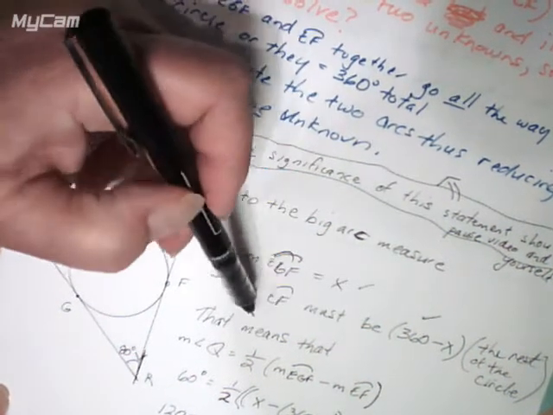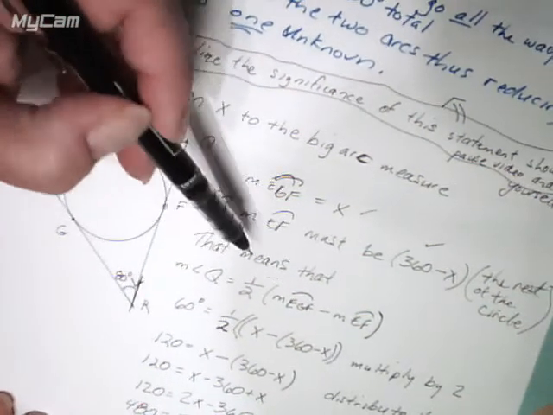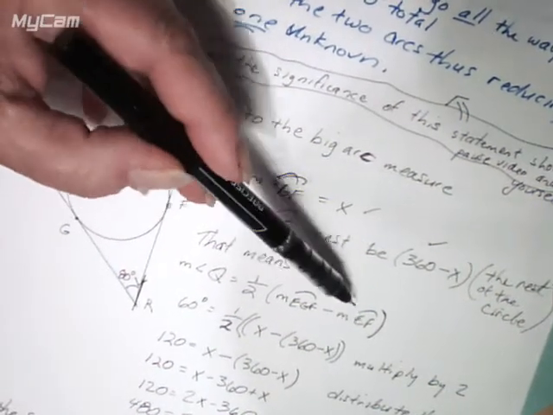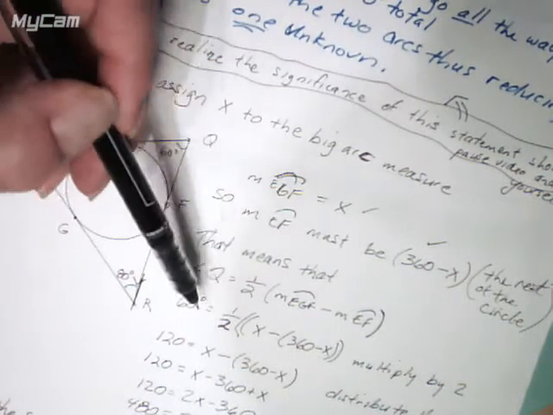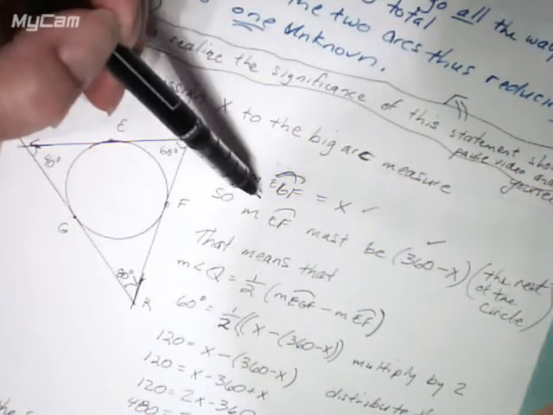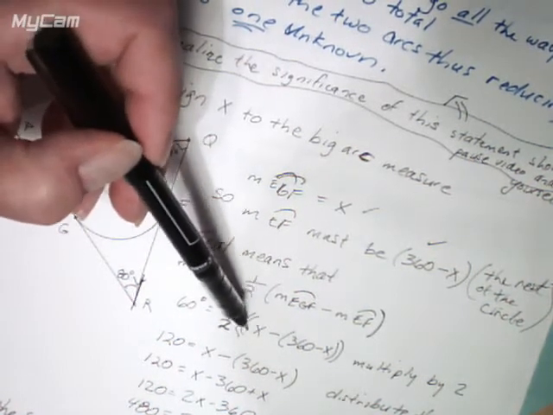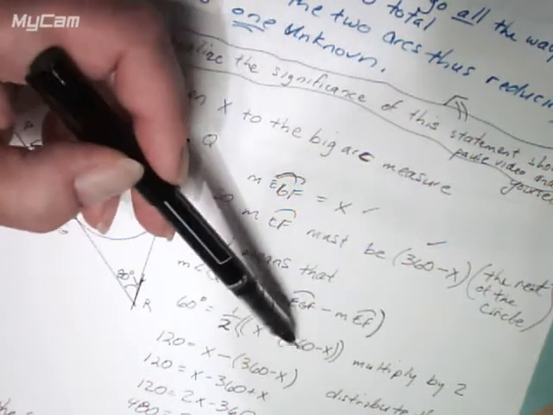So the measure of angle Q is equal to 1/2 the big arc minus the little arc. I'm going to substitute in my equivalencies here.